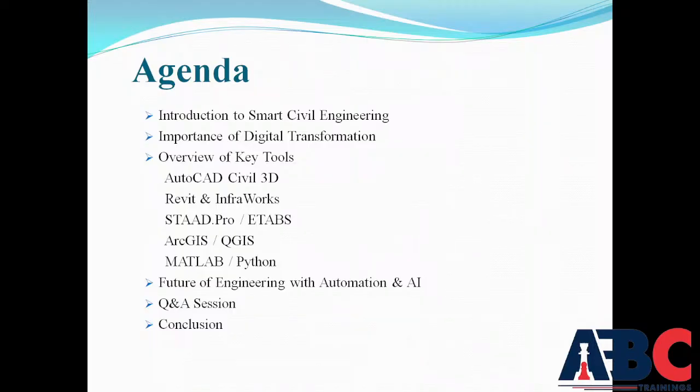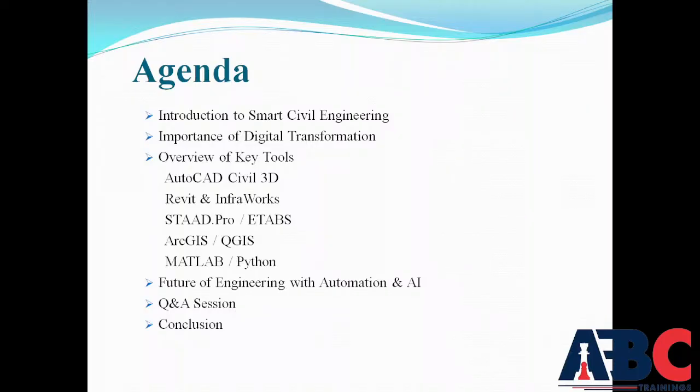GIS is another kind, like ArcGIS or geoinformation data, where military and other people need geographical data from surveys. There are also MATLAB and Python, new technologies we use in civil engineering. With that background, we will see how our technologies can reach a higher level, and how we can build a smart city.